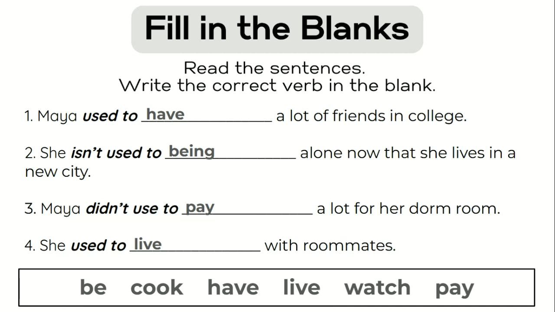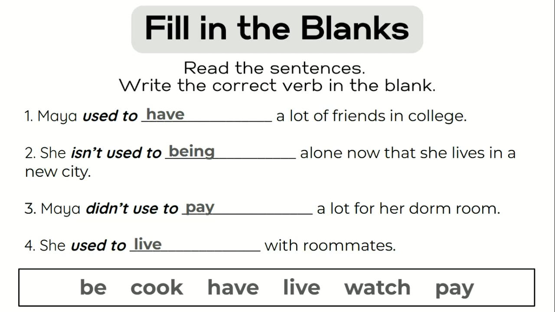So, as a quick review, used to and didn't used to are about actions in the past. Used to means that it happened in the past, but it doesn't happen anymore. And didn't used to means it didn't happen in the past, but it does happen now. When we want to bring this idea into the present, we're going to use is, am, or are, used to, and then verb ing.